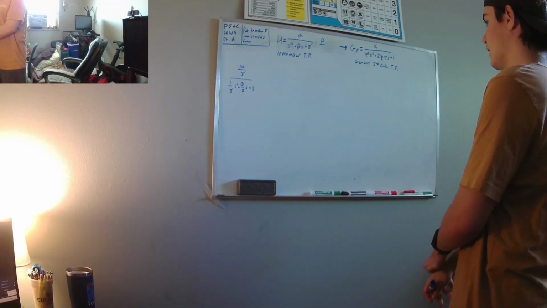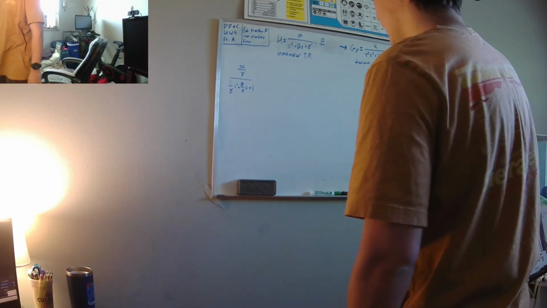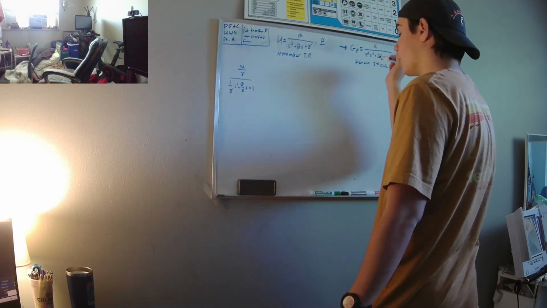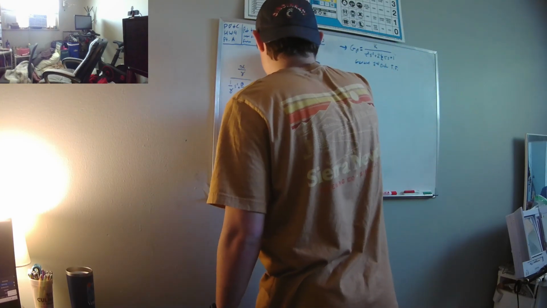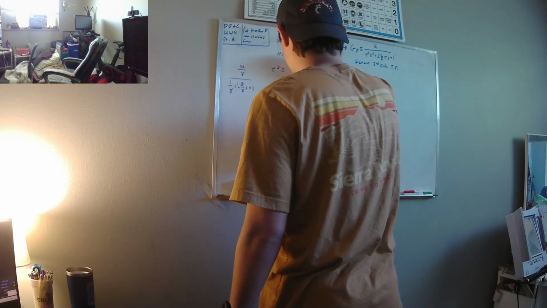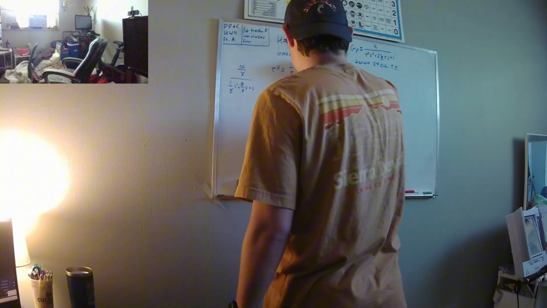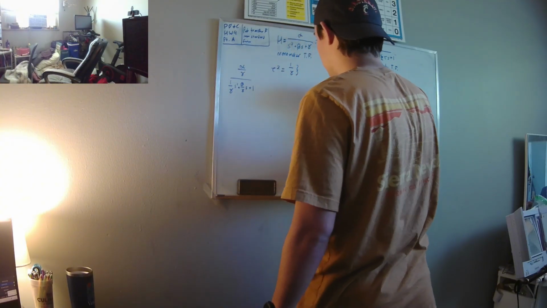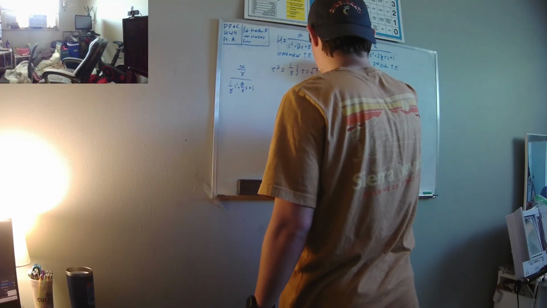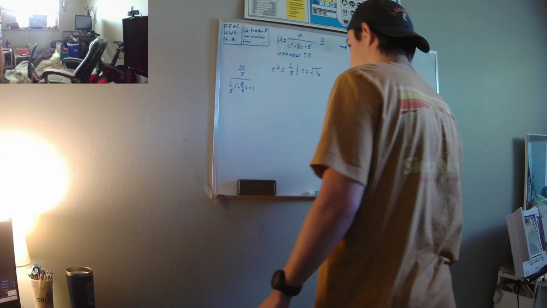And then, as you can see here, this 1 over gamma is where our tau squared should be. So we can say that tau squared must equal 1 over gamma, meaning that tau must equal the square root of 1 over gamma.